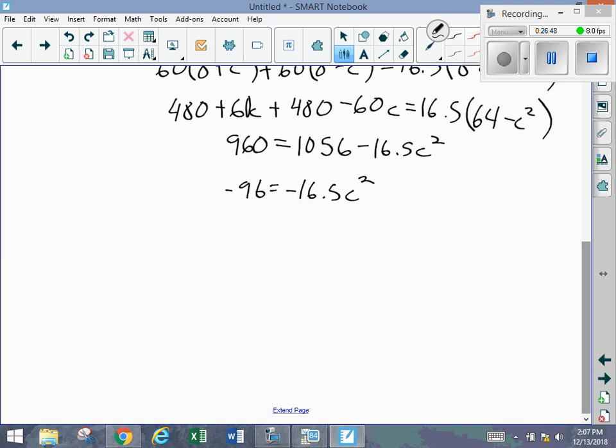No, that's it. It's 96 divided by 16.5 is 5.82. That's weird. So c squared equals 5.82, and then take the square root of both sides.